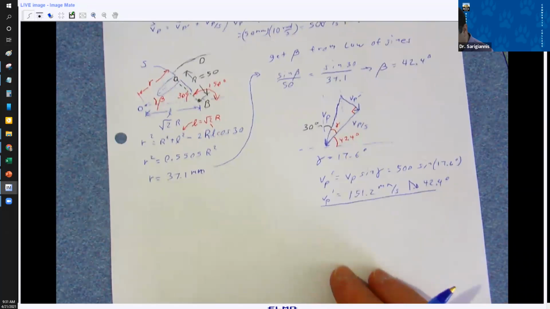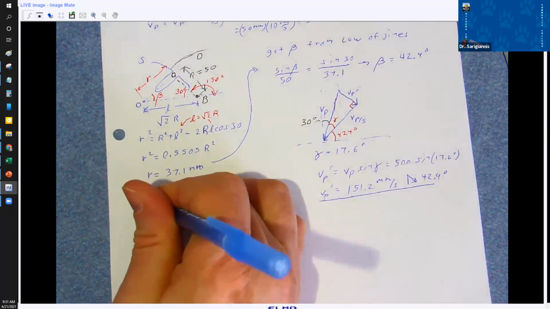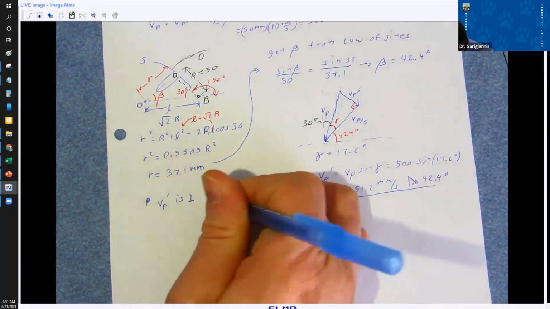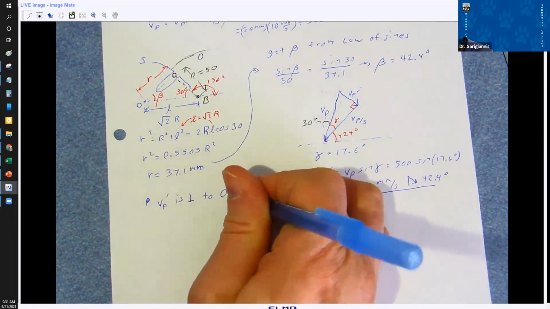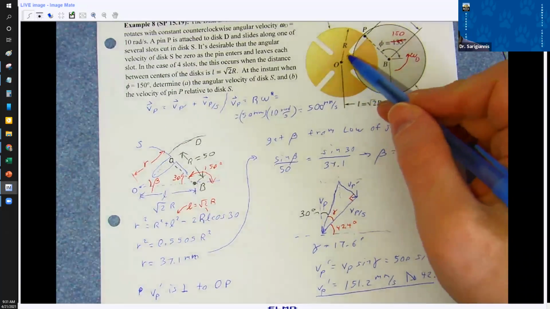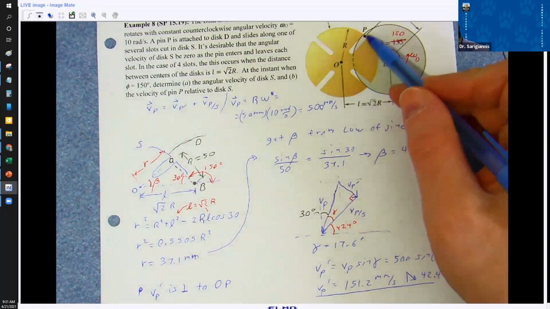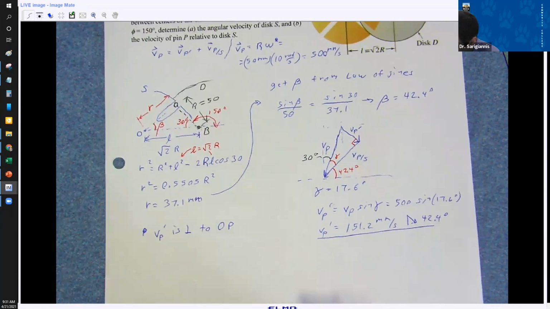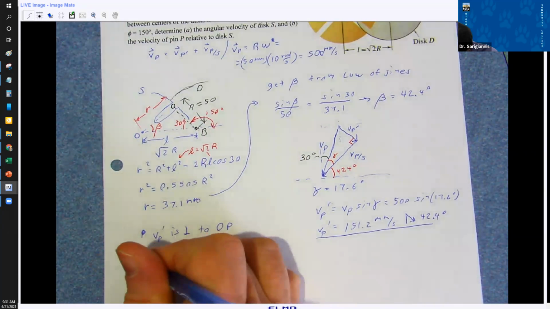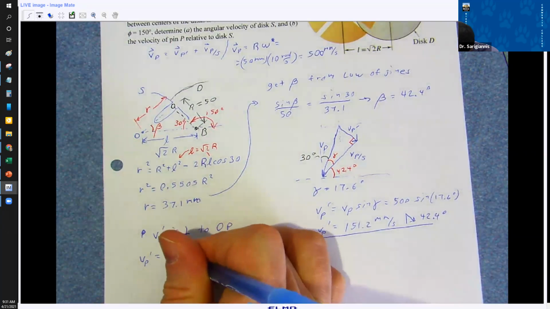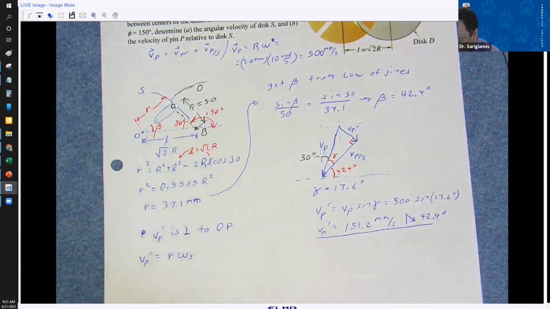All right, so VP prime is perpendicular to OP. OP is this radial, this radius here. Sorry, VP prime is perpendicular to that. We know VP prime is R times omega S, right?